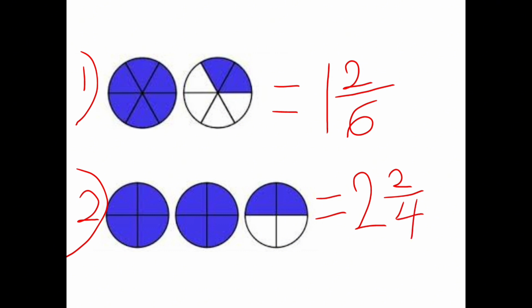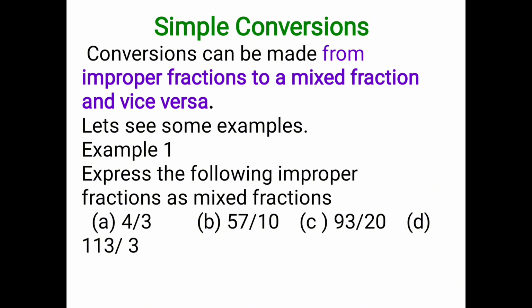Very good. So there are simple conversions that we can go through in fraction. We can convert from improper fraction to a mixed fraction. And we can go from mixed fraction to improper fraction. Are you following? Good. So let's see some examples.